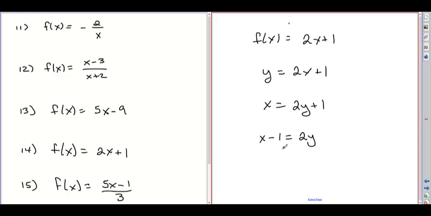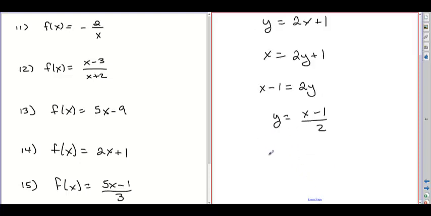Solve for y, so we're going to subtract 1 from both sides. Divide both sides by 2 to solve for y. So this is divided by 2, you get y. And finally, f inverse of x is equal to x minus 1 over 2.